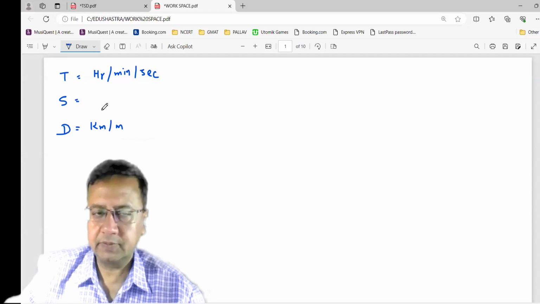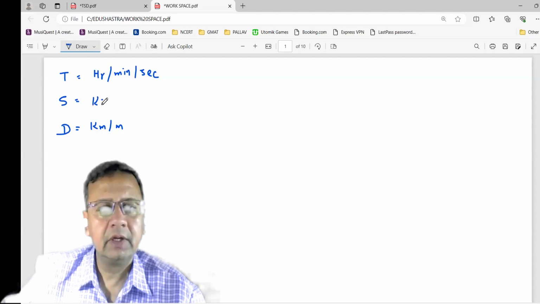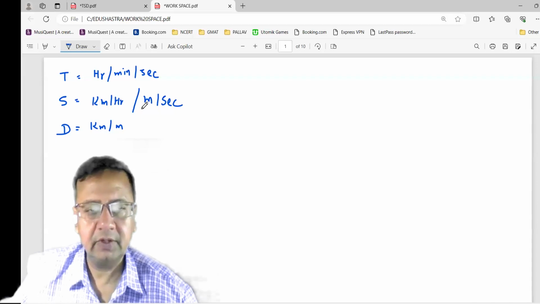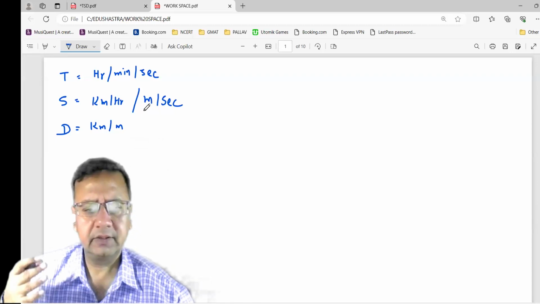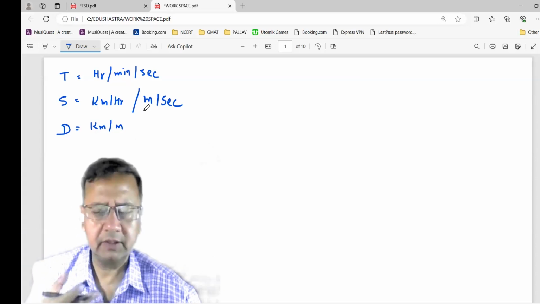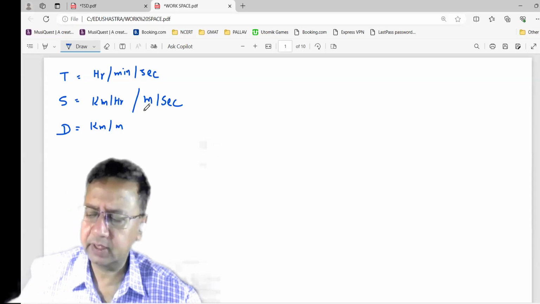So taking up the speed, we have kilometer per hour or meter per second, right? So there will be two standard units for speed. Sometimes you may find foot, right? Some other units are there, even miles sometimes, right?